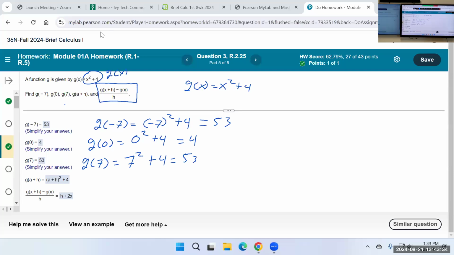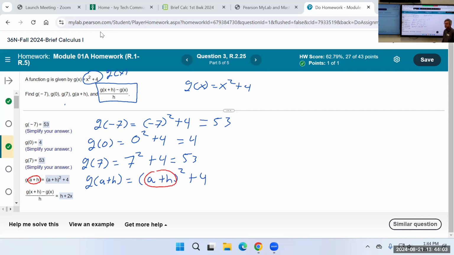So far, we're just inputting numbers into the function. The next thing they want is a plus h. Those could stand for constants, but we're not told what constants those are. So we'll put those in and just see what happens. g of a plus h equals a plus h squared plus 4. I put a plus h in for x.